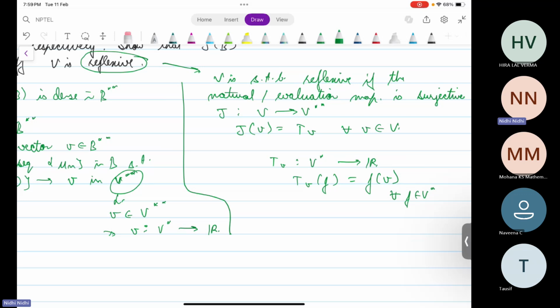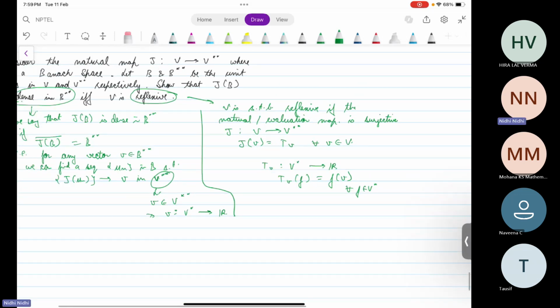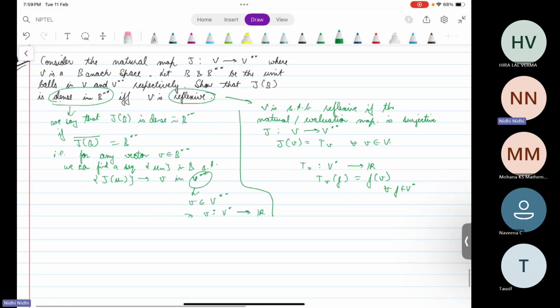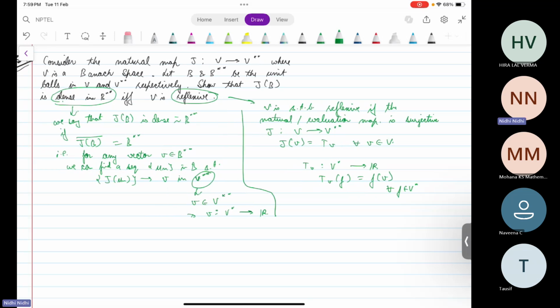All the functionals in V star star are actually evaluation maps. So we need to show that JB is dense in B star star if and only if V is reflexive.